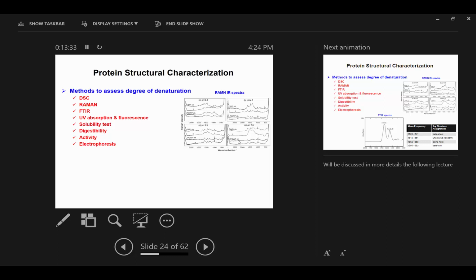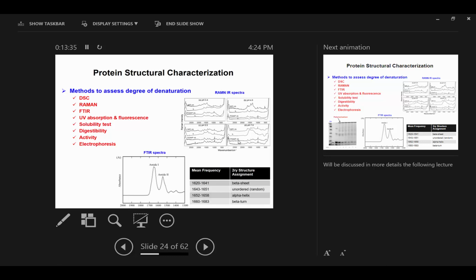Another tool is FTIR, which is mostly used in the protein world to look at changes in protein secondary structure. Usually the secondary structure is within the wave number range of 1700 to 1600. We call that the amide 1 region. You see it as one peak, but it really represents several secondary structure assignments.